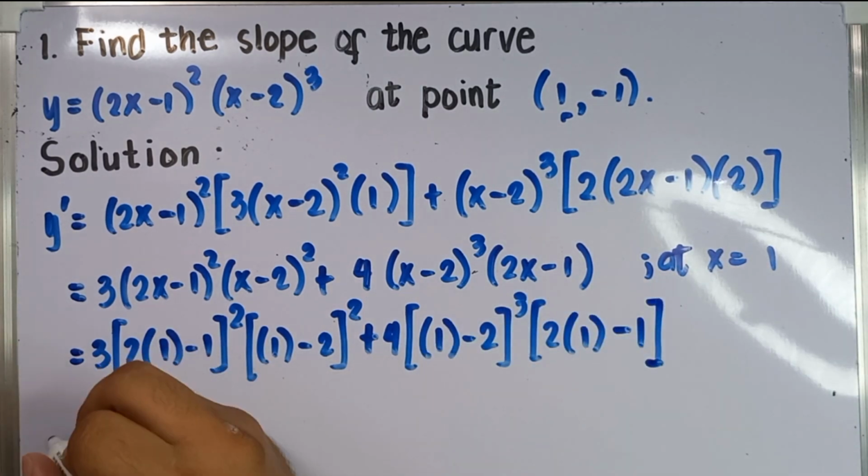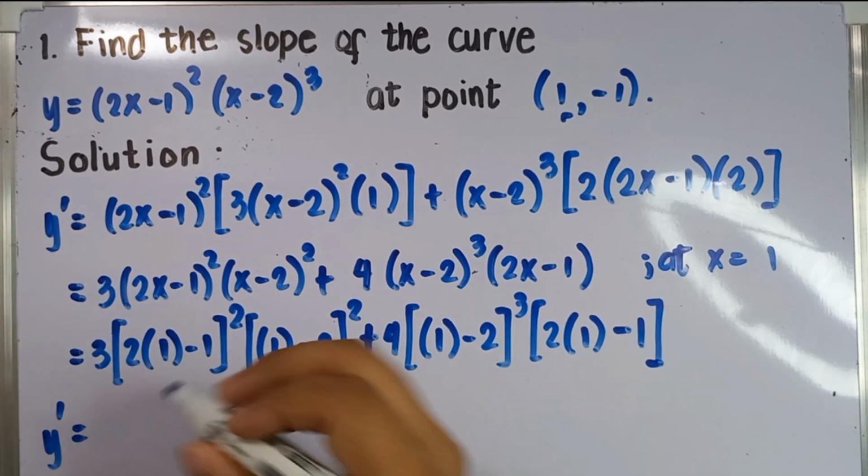At x equals 1, the value of the slope is negative 1.